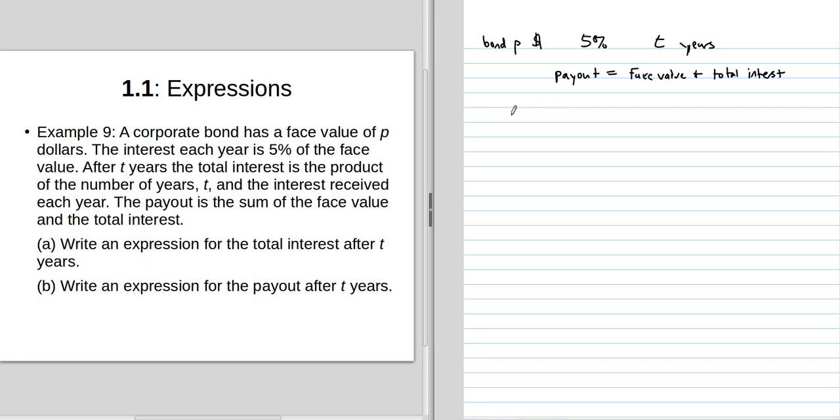So first, part A says, write an expression for the total interest after t years. Okay, so the face value, maybe this is important to think about, is printed on the bond. Think of a piece of money. It could be a $5 bill.